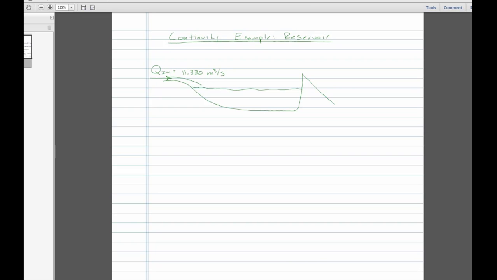The flow out of the reservoir through a penstock, Q out, is 7,080 cubic meters per second. At this particular time, the area is 10,360 hectares. We want to find out what is the rate of rise.